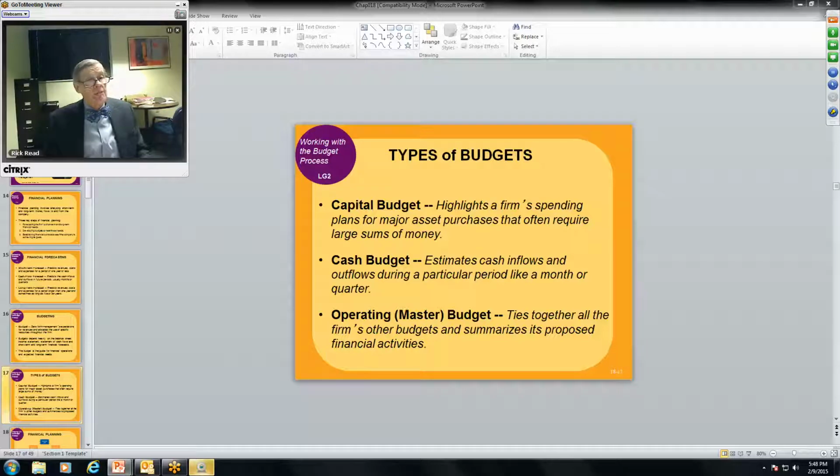The cash budget talks about what's coming in, what's going out. Again, remember, this tends to be a shorter period of time, usually a month and a quarter. And you'll have both of those. We're in a quarter right now, and our quarter is January, February, and March.